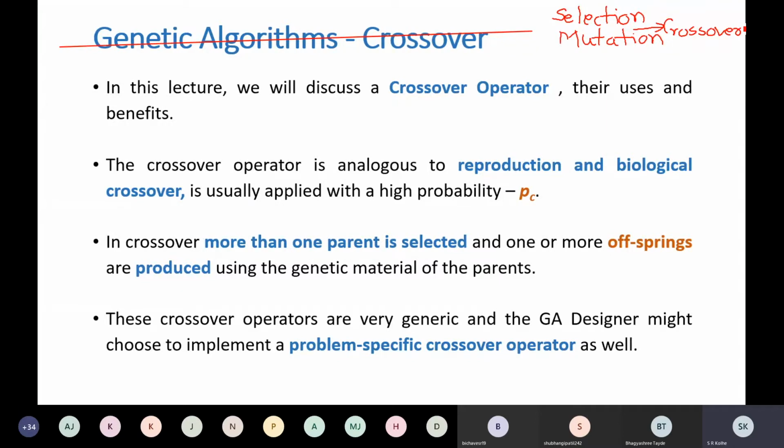That is, if the solution is least fit, then it will have the least area on that roulette wheel. And then based on a technique like roulette wheel selection or stochastic universal sampling, that kind of technique, you are going to select the parent chromosome.